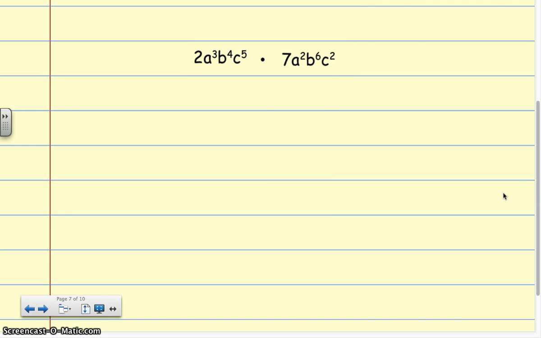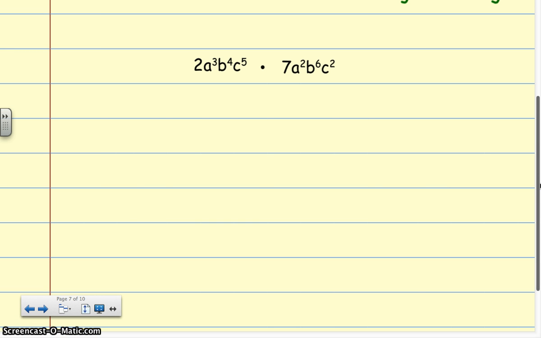All right, this next example here, 2a cubed b to the fourth c to the fifth times 7a squared b to the sixth c squared turns into, now I'm going to multiply my coefficients. 2 times 7 is 14. I have students still adding them. Remember, you only add if it's exponents.